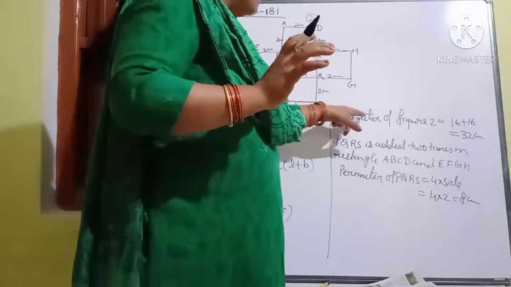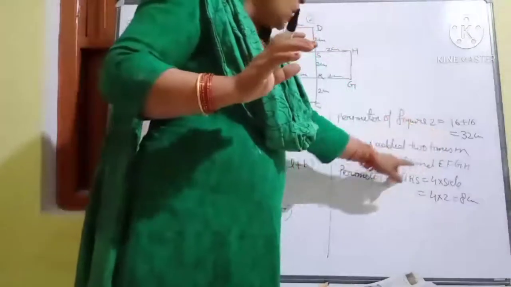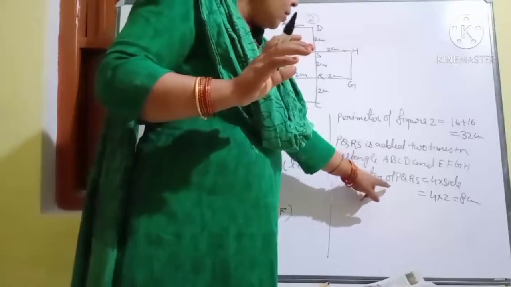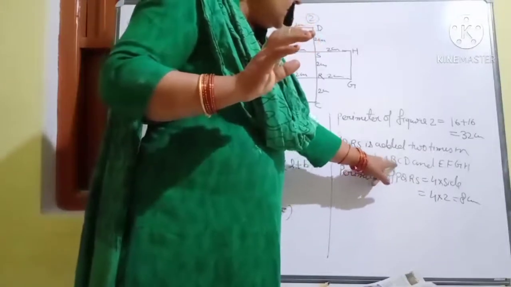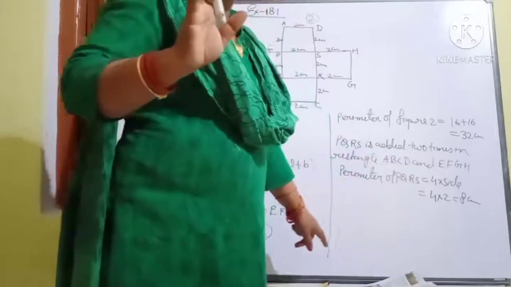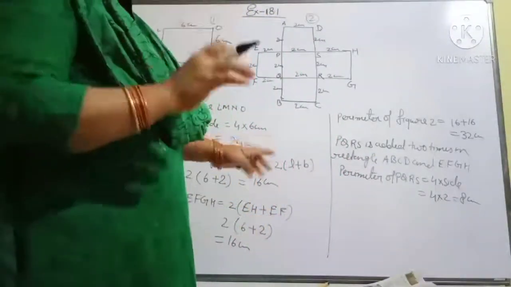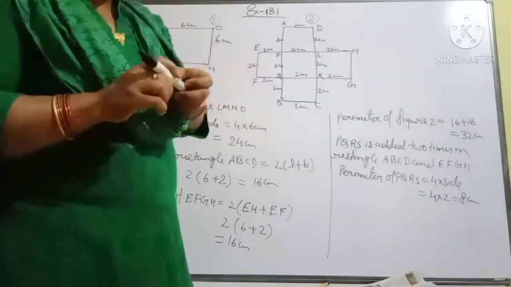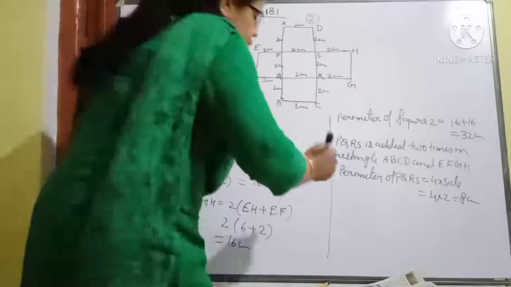Total perimeter of the figure 2 is 32 centimeter. So once the perimeter of the square PQRS should be subtracted from the figure 2 perimeter, then only you can get the actual perimeter of figure 2. So how will you write that?